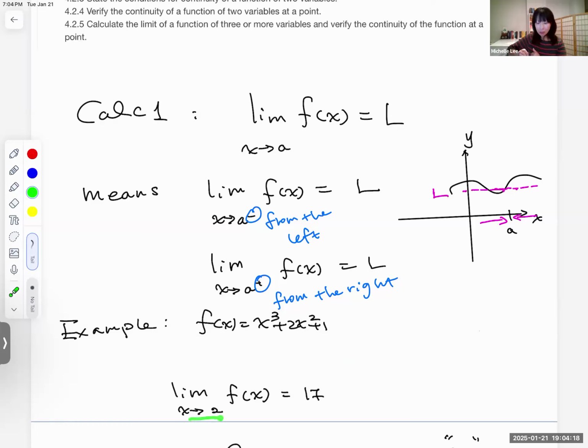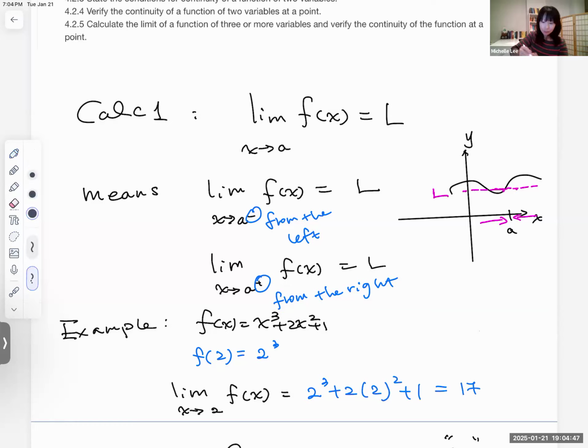So when x equals 2, how do you find it? f of 2 equals 2 to the third power plus 2 times 2 squared plus 1, which equals 17, right? So we apply the limit, so 17.